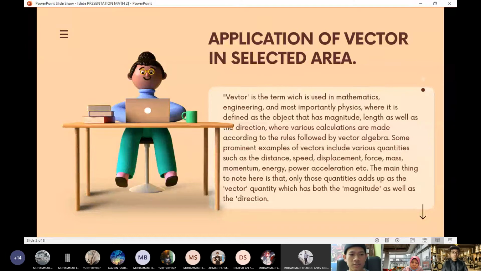Some prominent examples of vector include quantities such as distance, speed, displacement, force, mass, momentum, energy, power, acceleration. The main thing to note is that only those quantities count as vector quantities which have both magnitude as well as direction.